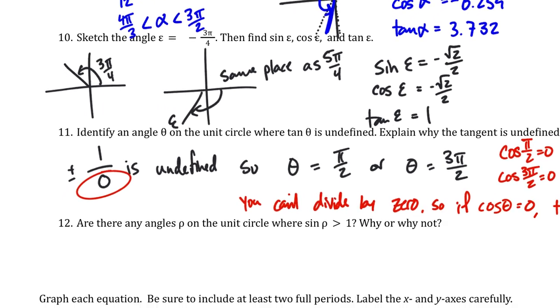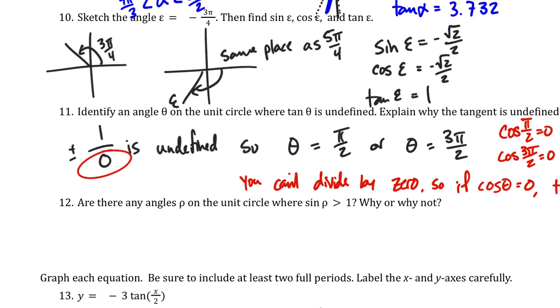Okay, then the last one in this section says, are there any angles rho on the unit circle where the sine of rho is over 1? And the answer is no, because here's the thing. Here's the unit circle. I'm just going to draw a little circle here. Look at how good that circle is. Okay, and here's the axes.